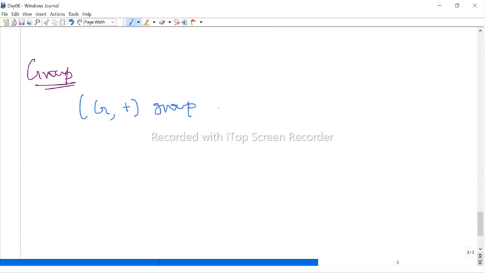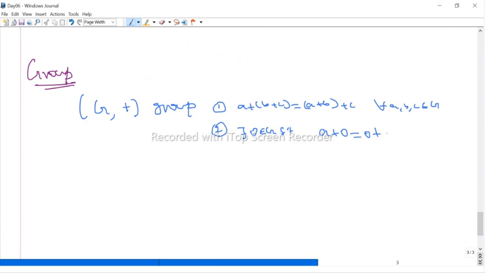When we say this is a group, it satisfies three axioms. One is associativity: (A plus B) plus C equals A plus (B plus C), for any A, B, C in the group. The second is that an identity element exists: there is an element 0 in G such that A plus 0 equals 0 plus A equals A. This is the identity element with respect to addition.